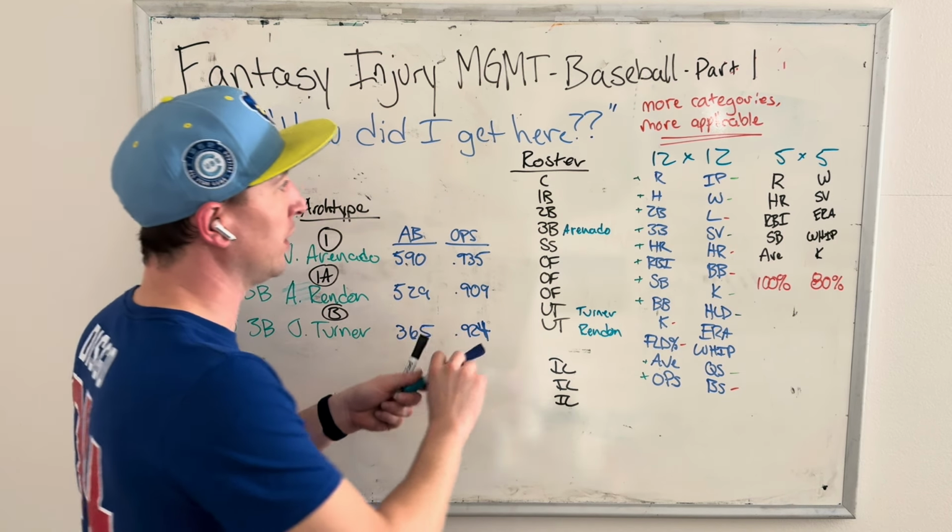Instead of having to find a third baseman, you can pull any player and put them in your utility spot.